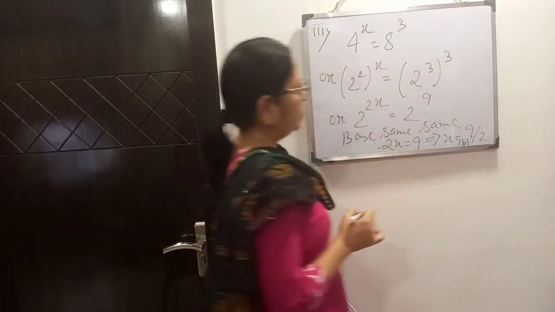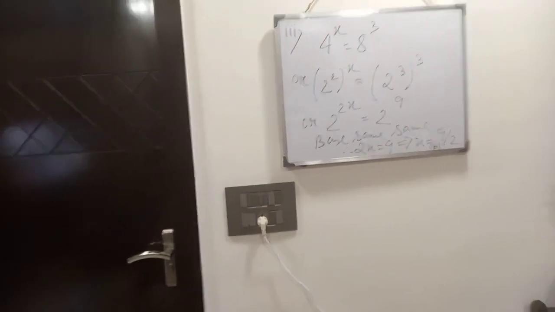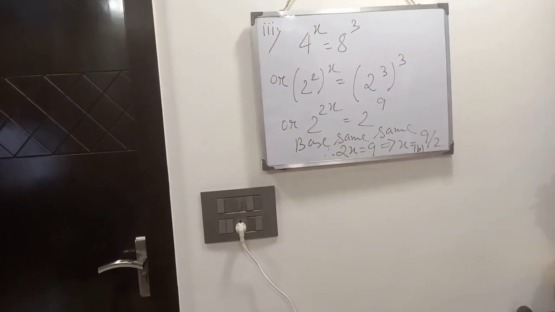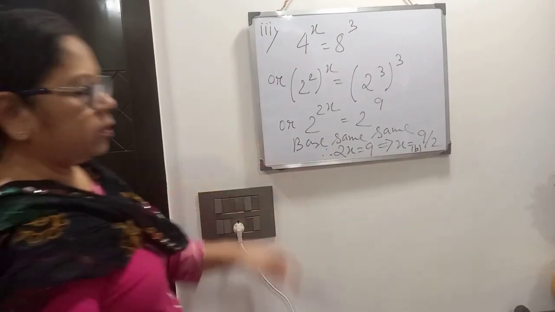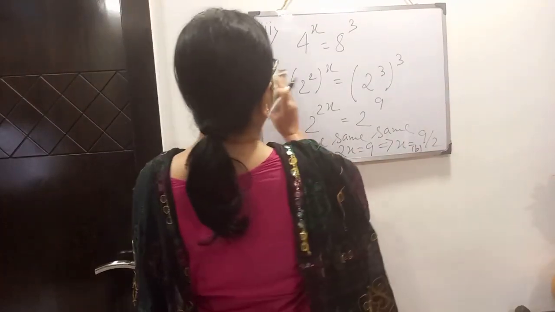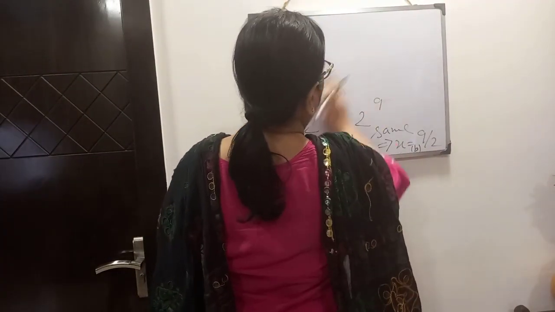Your correct option is B. Clear? See the board. Now this is the correct option. Now next one. Easy sums are there, so no problem for you.